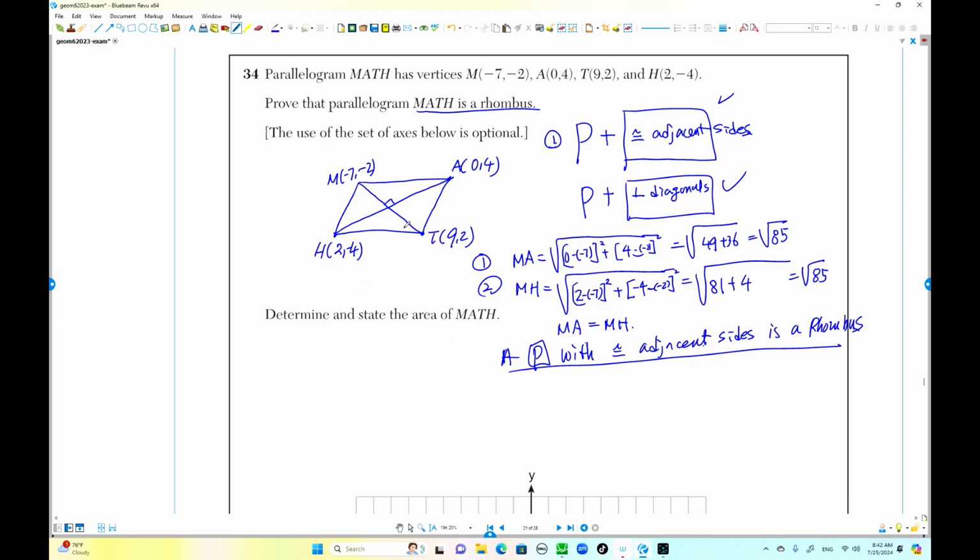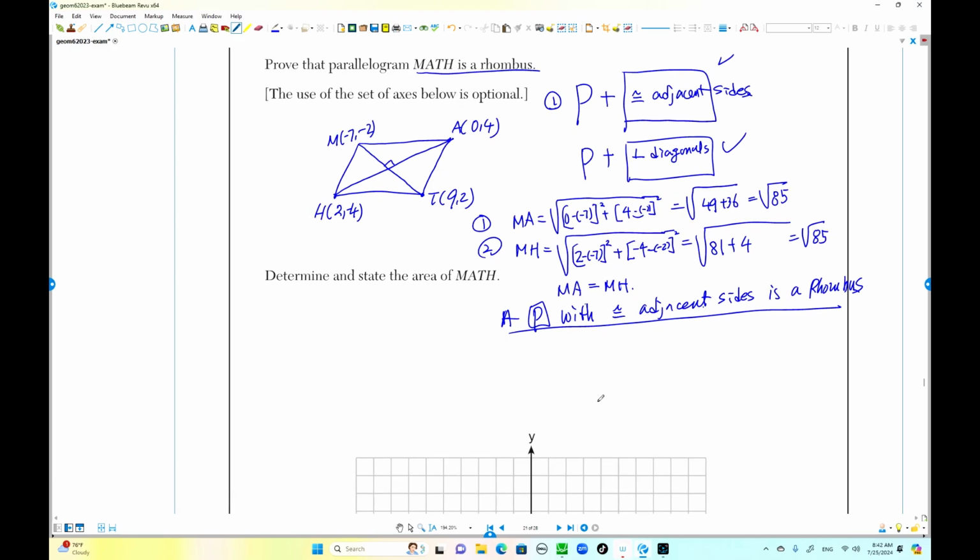The next one: determine and state the area of this parallelogram, which is the rhombus. This time we had better use the diagonals because we know these two diagonals are perpendicular. This is MATH. Let's find the length of this diagonal, AH.